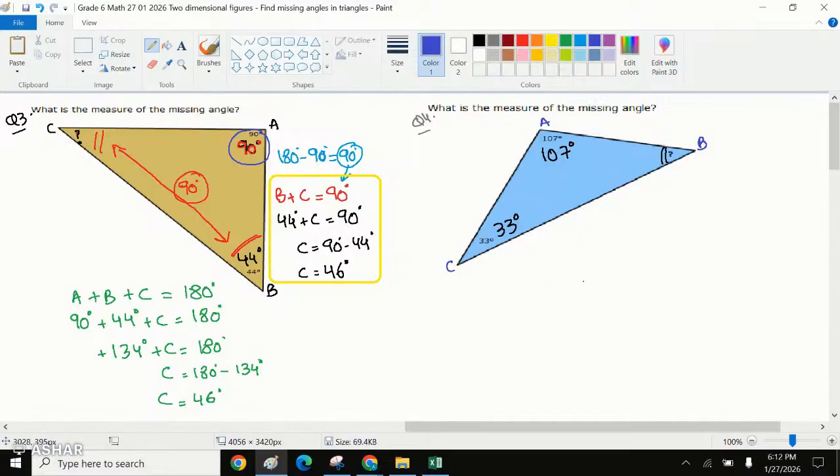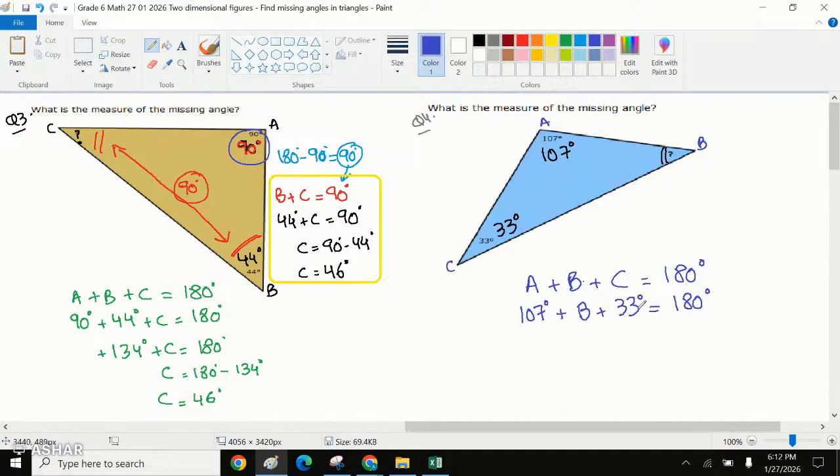We know that the sum of all the angles of a triangle is always 180. So if I add A plus B plus C, it should come out to be 180. Angle A was 107. Angle B was missing. Plus angle C, that was 33, should be equal to 180.